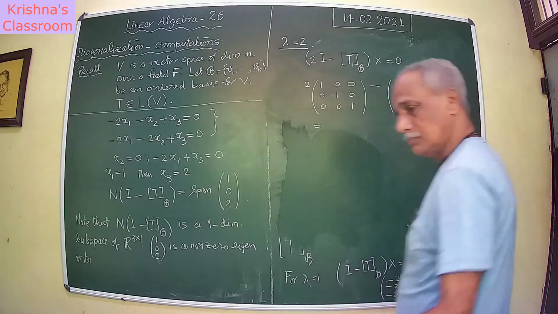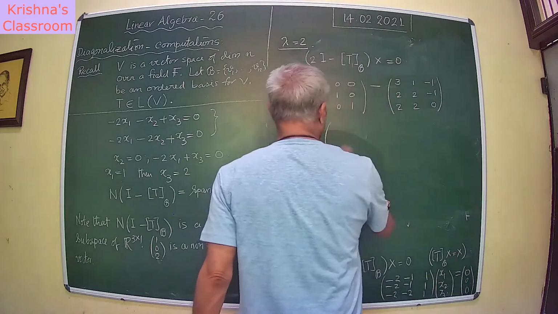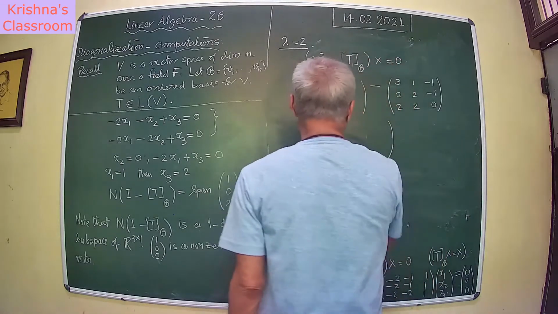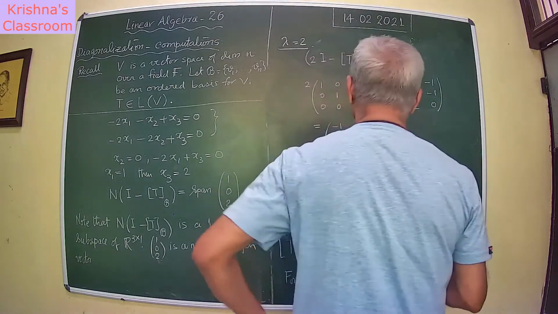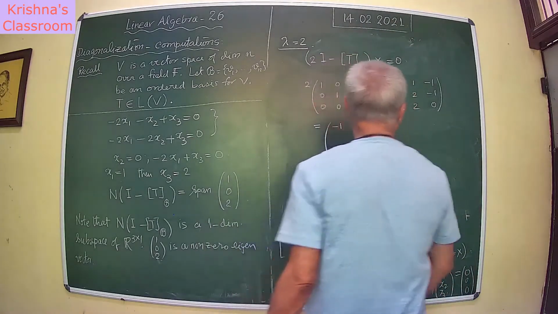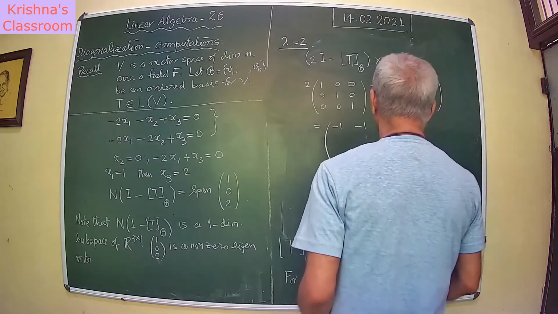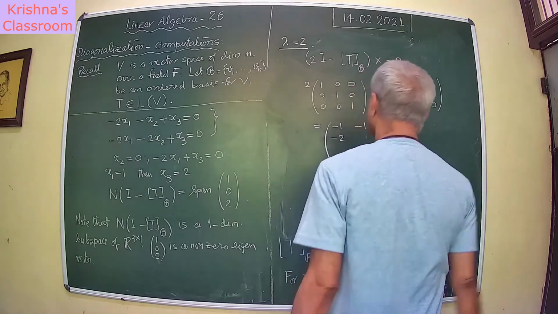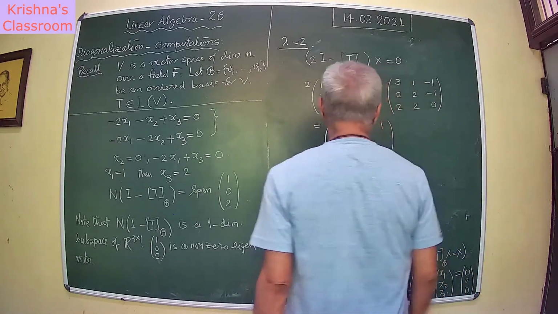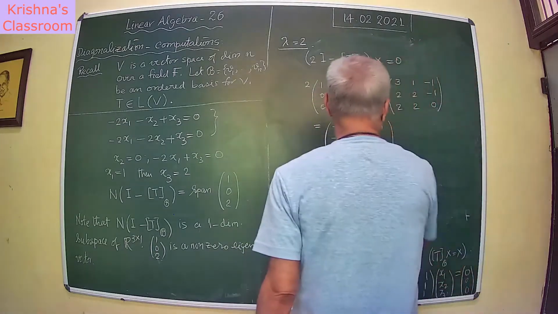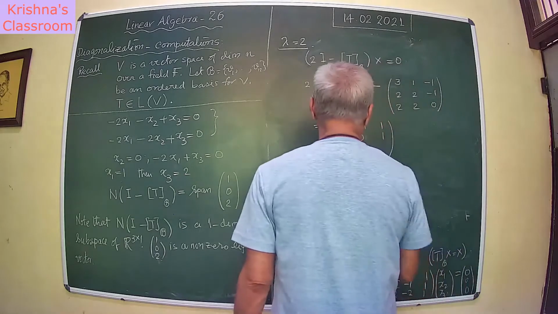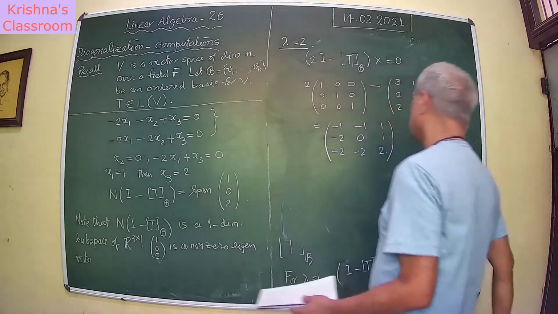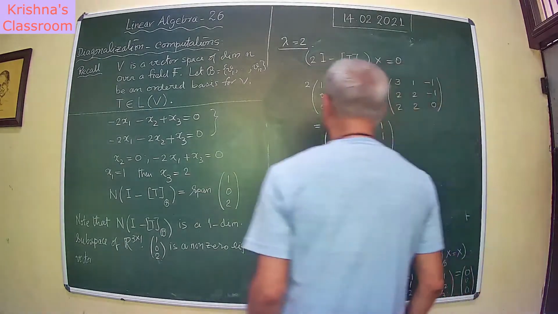This is equal to minus 3 plus 2 is minus 1, minus 1, 1, then minus 2, and then 2 minus 2, 0, you have 1, then minus 2, minus 2, and then therefore what we want is this.